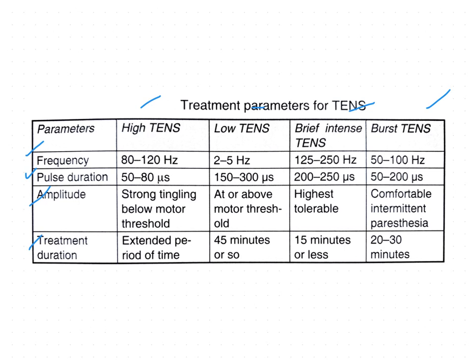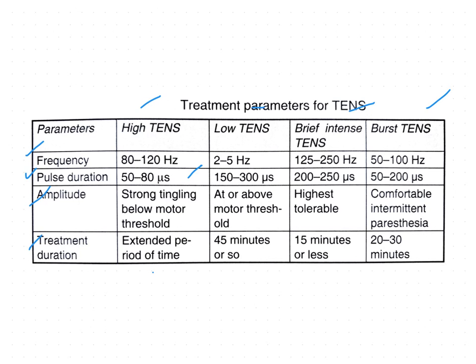The frequency for high TENS is 80 to 120 Hz, and the pulse duration is 50 to 80 microseconds. Amplitude is strong tingling below motor threshold. It can be given for an extended period of time, so according to the patient's tolerance, we can extend the time also.